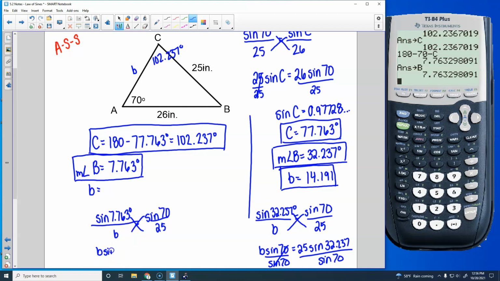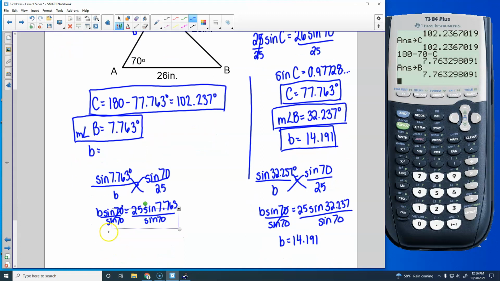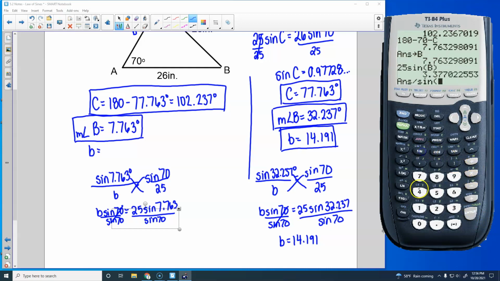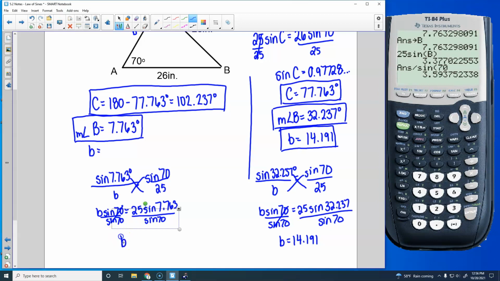B sine 70 equals 25 sine 7.763. Got to divide by sine 70. So B equals 25 sine 7.763 over sine 70, which is going to be 3.594.